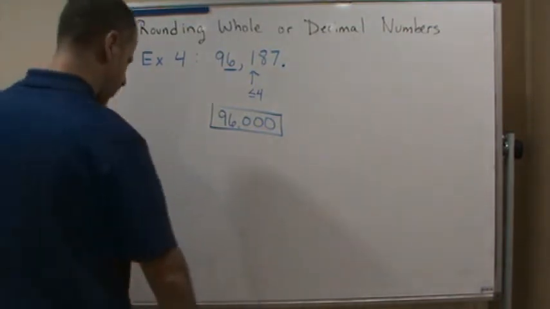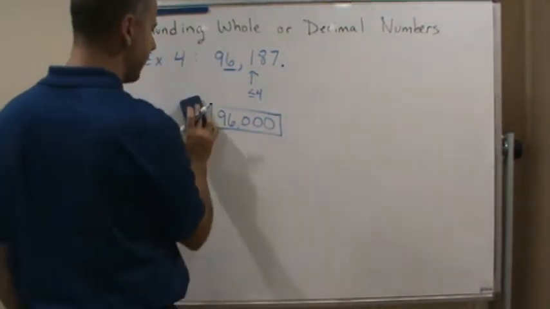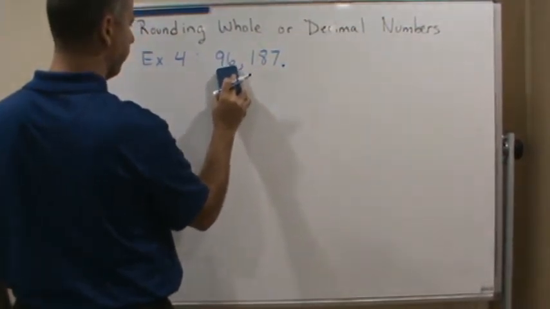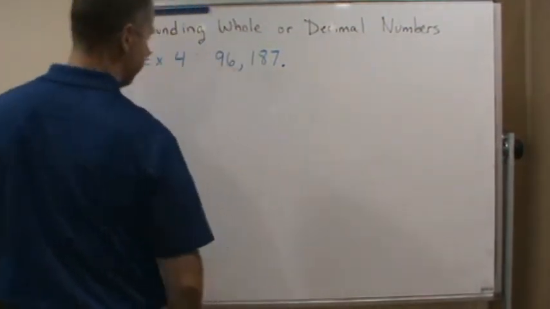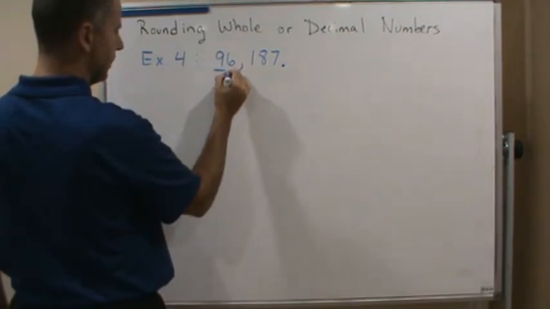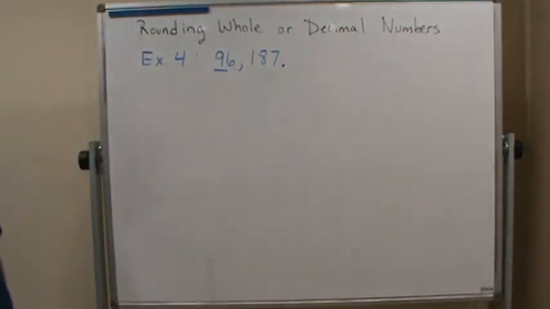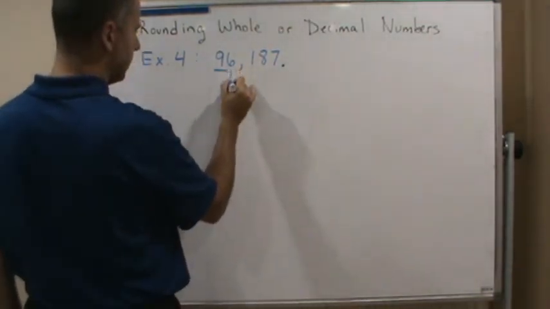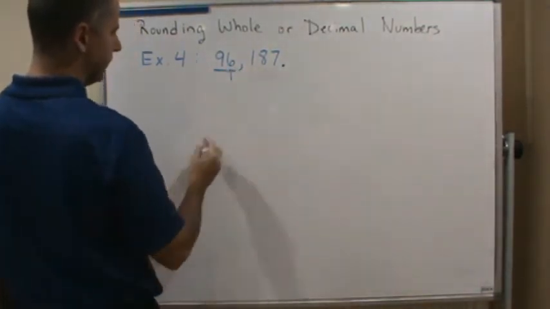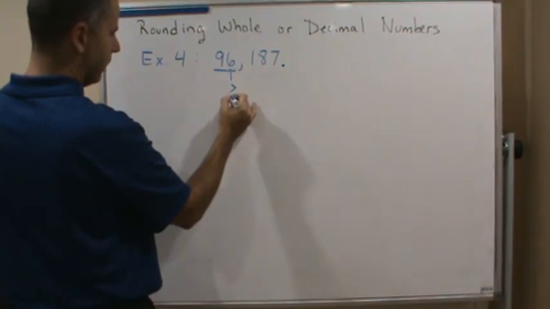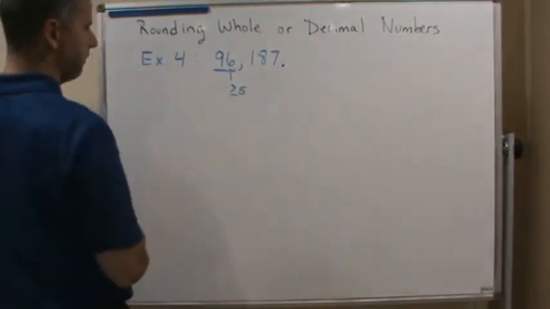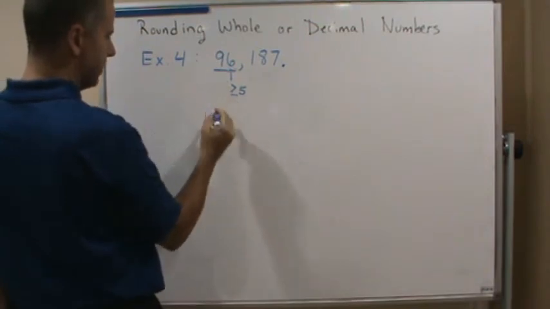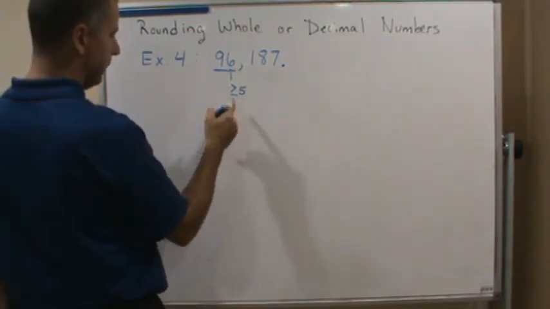And finally, if we want to round to the nearest 10,000, now we're going to focus on the digit in the 10,000s place. Then we look at the digit to the right, and this is greater than or equal to 5. That means we're going to add 1 to this digit, so the 9 becomes a 10.